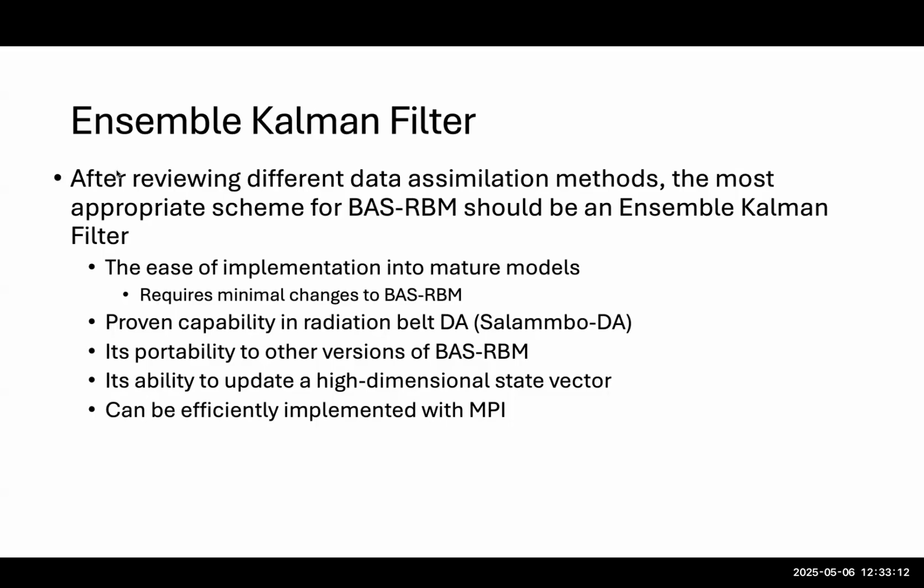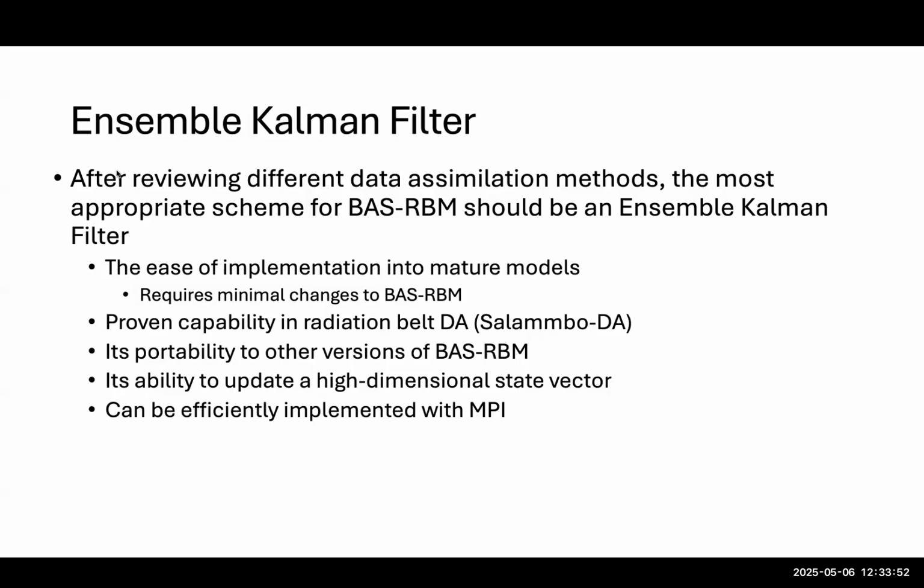Ensemble Kalman filters have been used in previous studies, and there's also portability between different versions of BAS RBM, which is constantly being updated, so it's important that the data assimilation should be able to move with it. And it can be efficiently implemented with MPI, so doing parallel processing. We send the ensemble members to different processors, and we can run it much quicker.